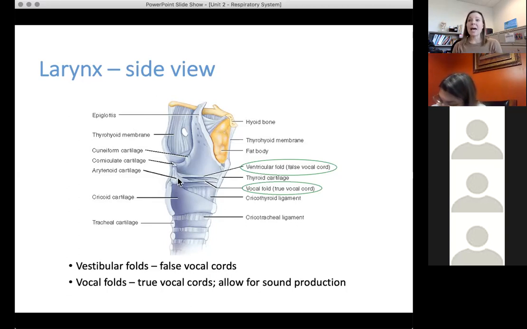It directly attaches to the vocal cords, and it can cause the vocal cords to move.